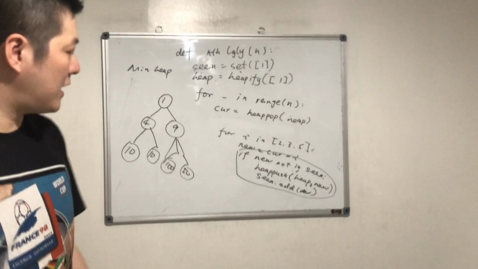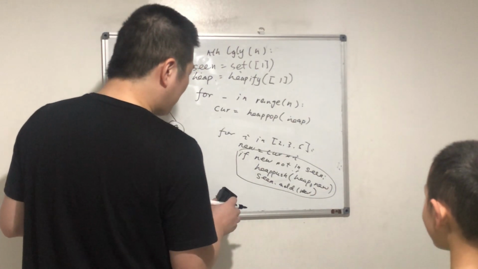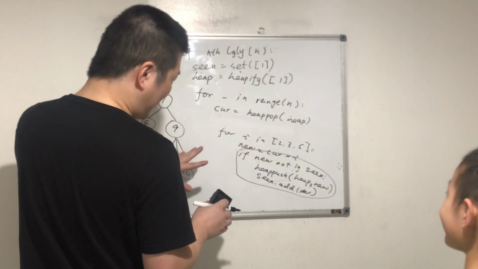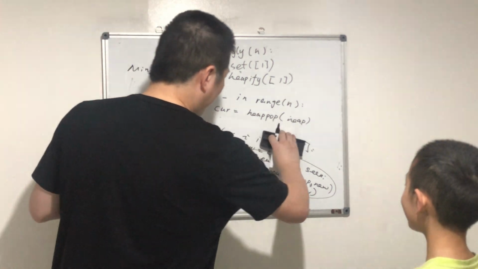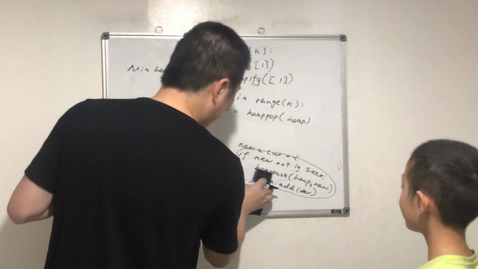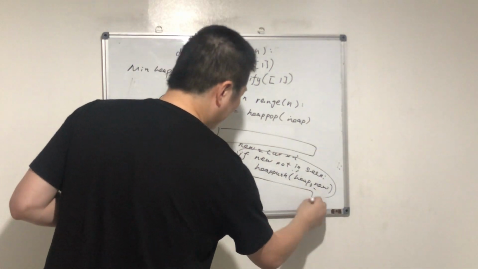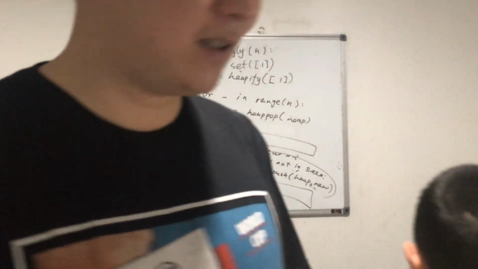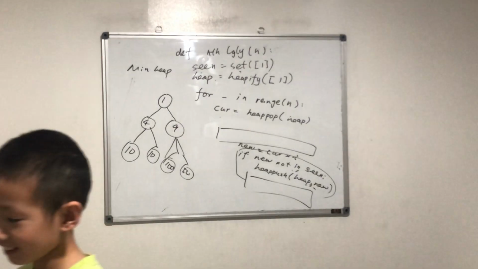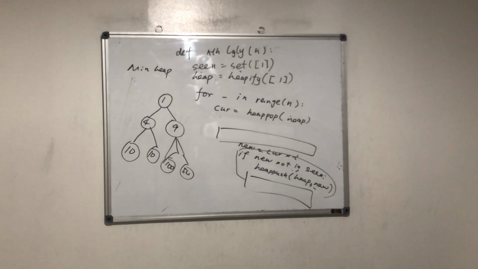Okay, I'm going to erase these. So you tell me what to do. Don't look at my notes. For the primes, 2, 3, 5.